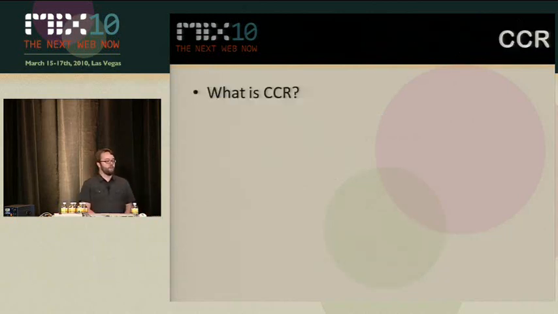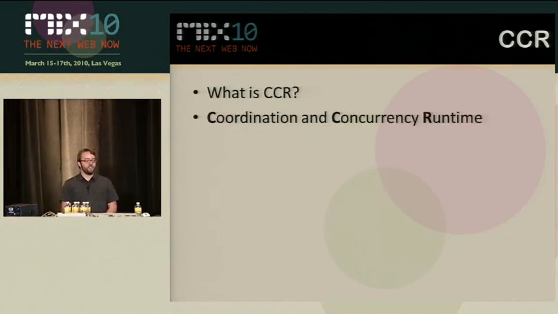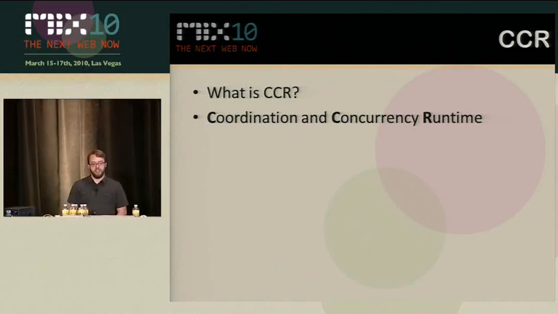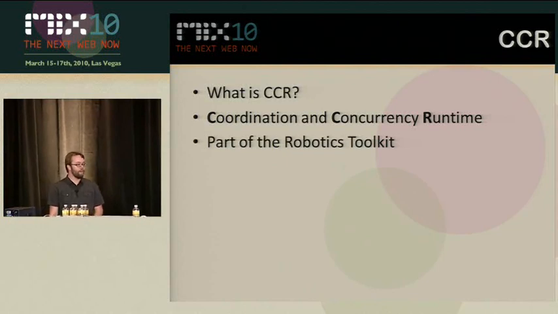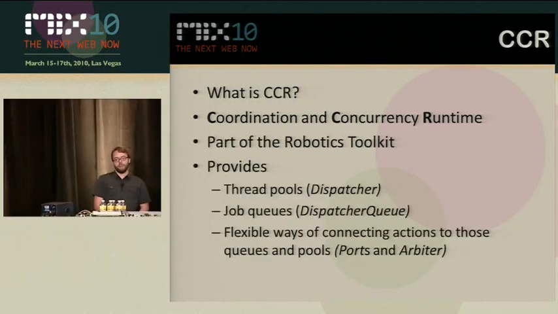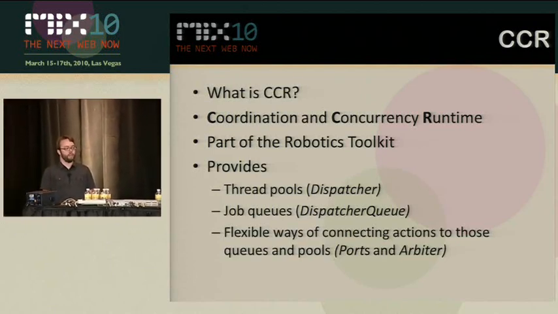So you might also be wondering, what is CCR? I know it's not all that widespread of a library. It's called the Coordination and Concurrency Runtime. And it was originally part of a robotics toolkit, hence the name of this session. So this isn't really a session to teach you how to use CCR or all the things about it, but without a few bits of terminology, some of the stuff we talk about wouldn't make much sense.